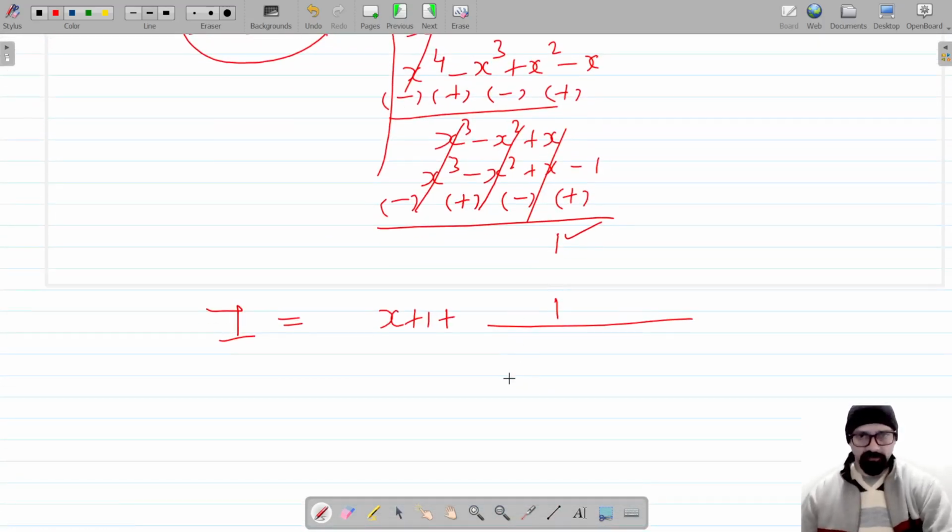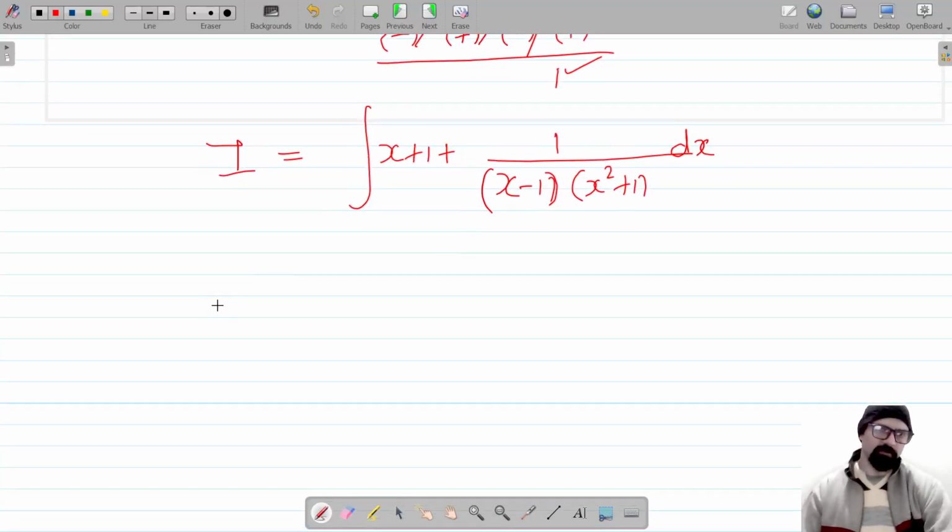I can write it as x minus 1 into x squared plus 1, into dx. So this is now easy to integrate. I is x squared by 2 plus x, the integration of 1 is x, plus, let me consider this function as I1.